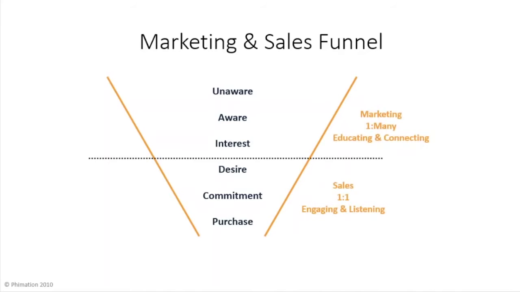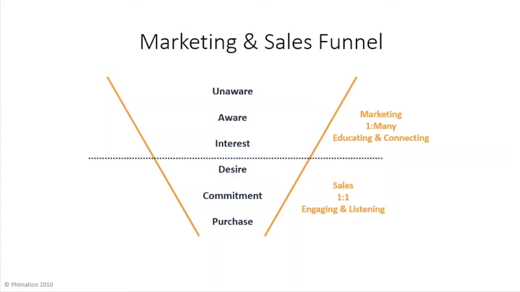So there's a few things about this funnel. First of all, you can divide it in half, and ideally, you would be handling the top part of the funnel with marketing. And marketing is one-to-many activities. So I'm going to write a blog post once, and then I'm going to post it online, and 20 people are going to see it, or 200 people, or 2,000 people. Marketing is really about one-to-many.